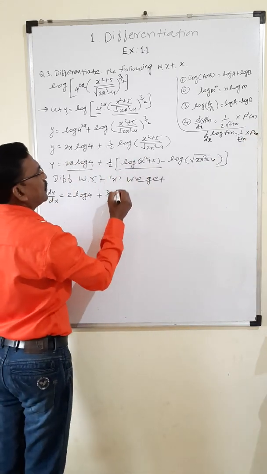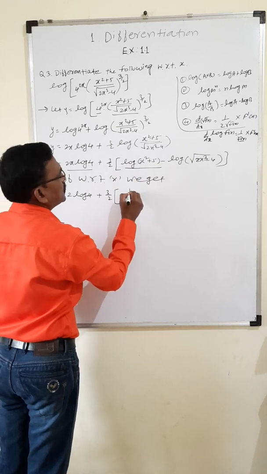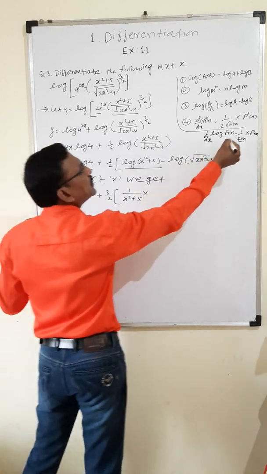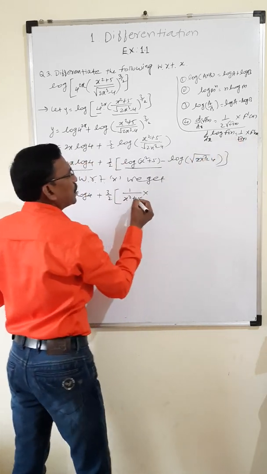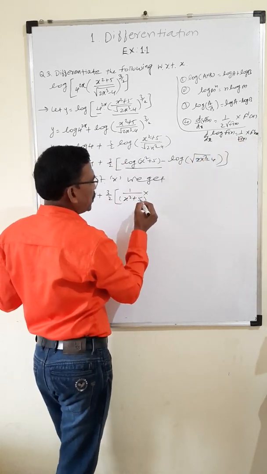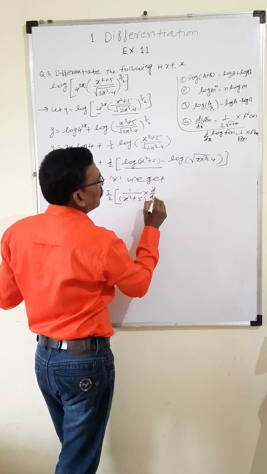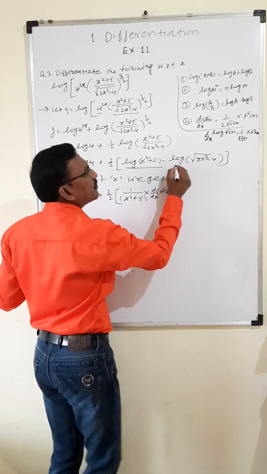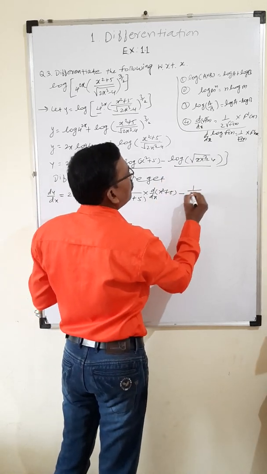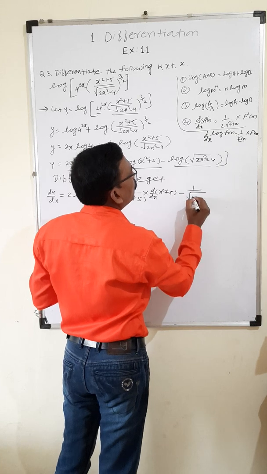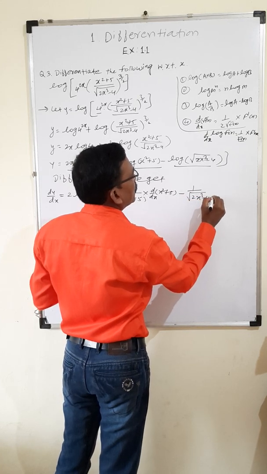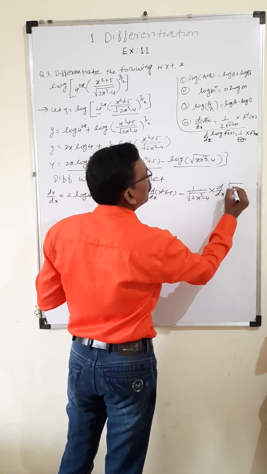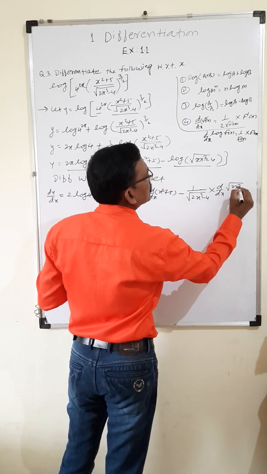So same way, its derivative is 1 by x square plus 5 into, again by this rule, its derivative of this function, derivative of x square plus 5, minus again first derivative of this log of 1 by root of 2x cube minus 4 into, by chain rule, again its derivative of root of 2x cube minus 4.